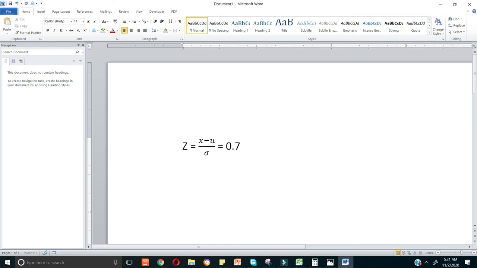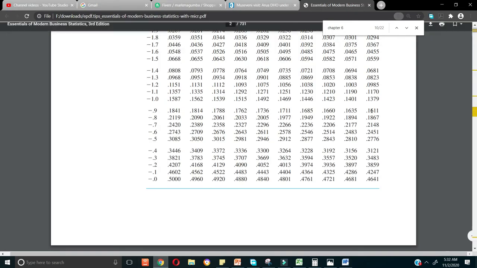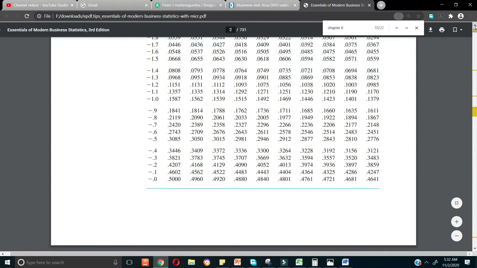This is what you want to look for in the cumulative probability table. The cumulative probability table is going to give you the probability that x is less than or equal to, so the probability that z is less than or equal to 0.7. We have to check our cumulative probability table.